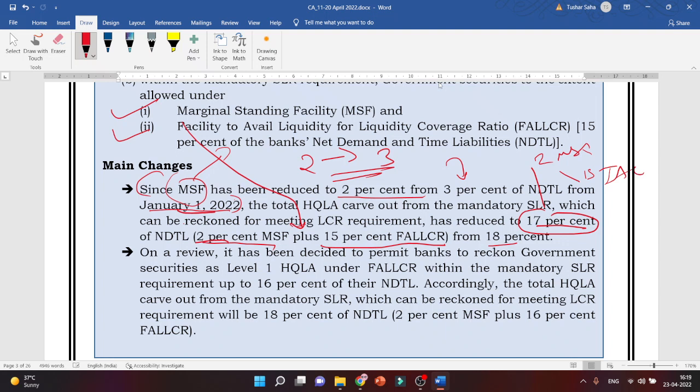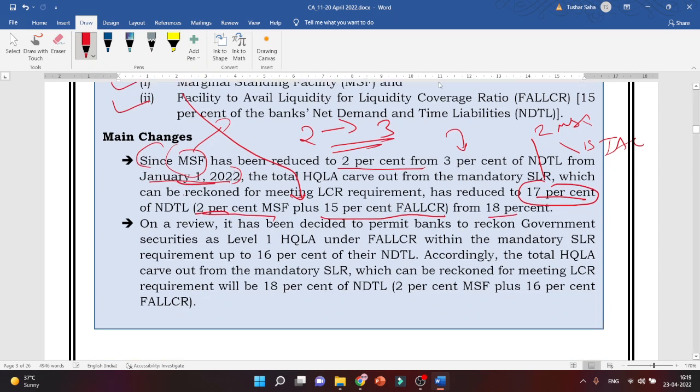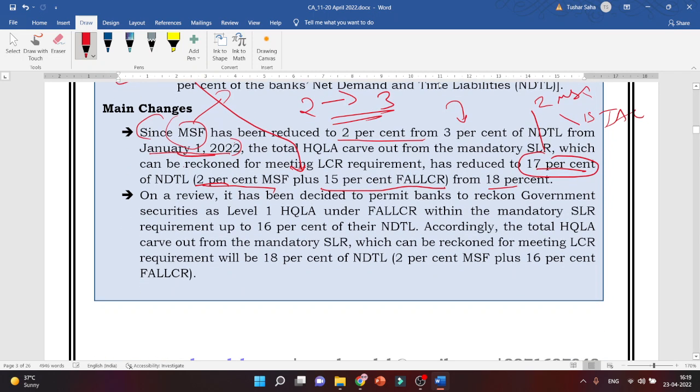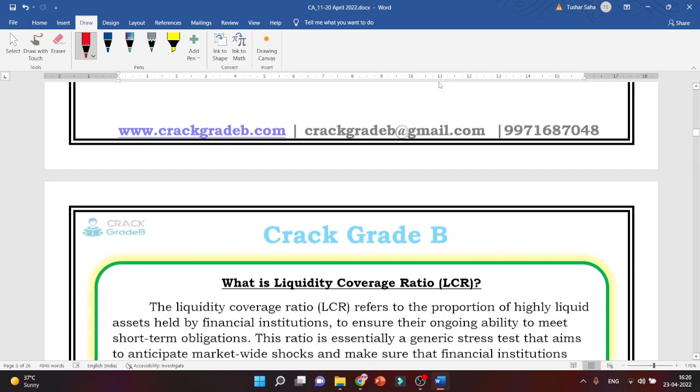Now, on a review, it has been decided to permit banks to reckon government securities as Level 1 HQLA under FALCR within the mandatory SLR requirement up to 16% of their NDTL, right? So it's completely clear here. Accordingly, the total HQLA carved out from the mandatory SLR, which can be reckoned for meeting the LCR requirement, will be 18% of NDTL: 2% MSF and 16% FALCR, right?